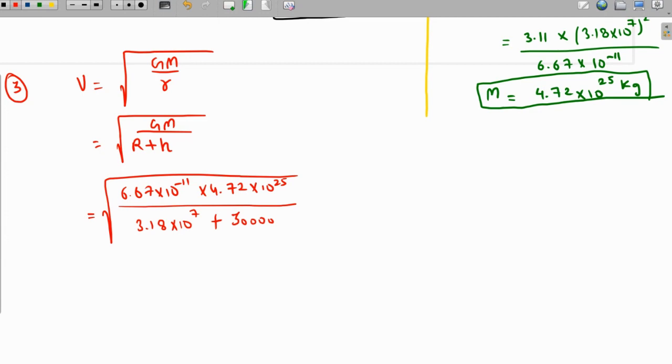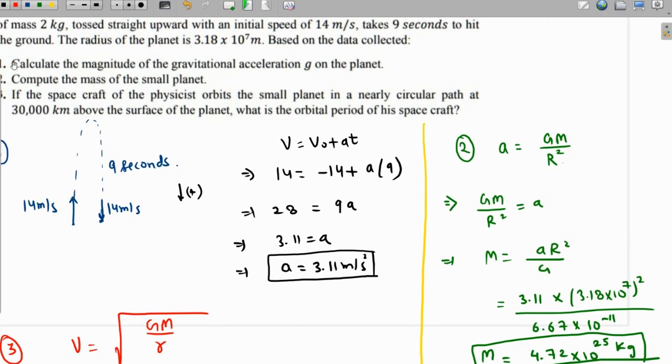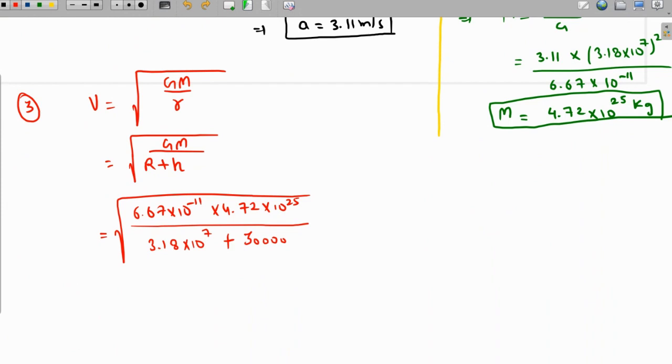But just be careful about the units over here. This is given in meters and this is in kilometers, so we have to convert that into meters as well by multiplying it with 10 raised to 3. So this is the required speed in meters per second.